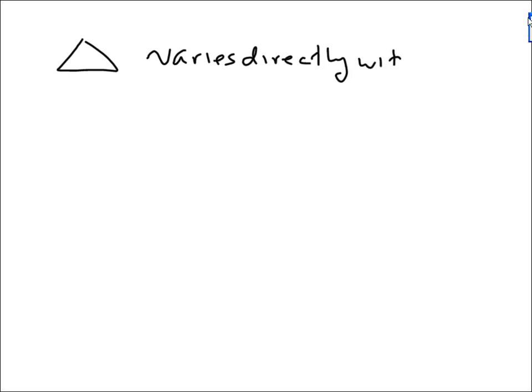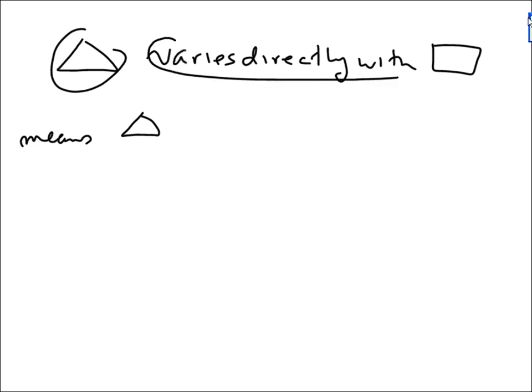Section number 31 is entitled Variation Problems. You need to know some vocabulary. If I tell you some kind of an expression varies directly with something else, this means whatever it says here is equal to k times this.